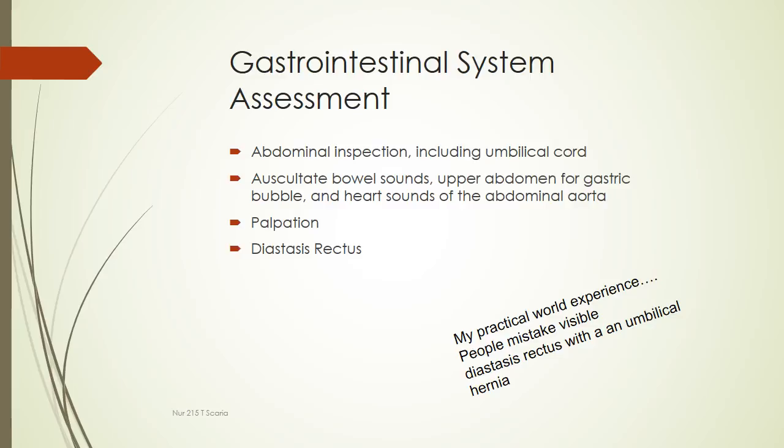My practical world experience is that some people may mistake the visible diastasis recti for an umbilical hernia. Those two are totally different. An umbilical hernia you will see more at the umbilical cord, and diastasis recti you will see starting from the umbilical cord and up. Those are a little bigger. If you ever happen to see them, I just want you to remember that.